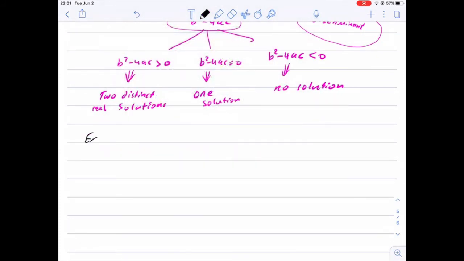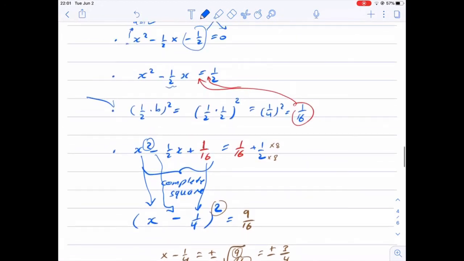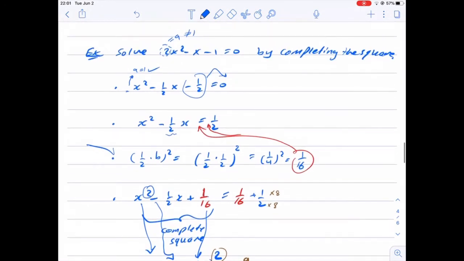Now let's take some examples. Let me choose a simpler example, the last example that we just solved here.